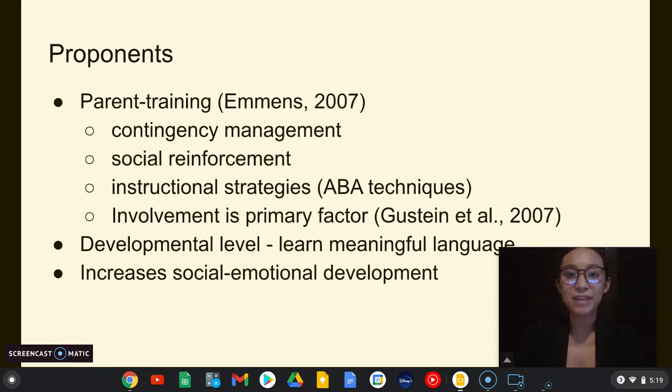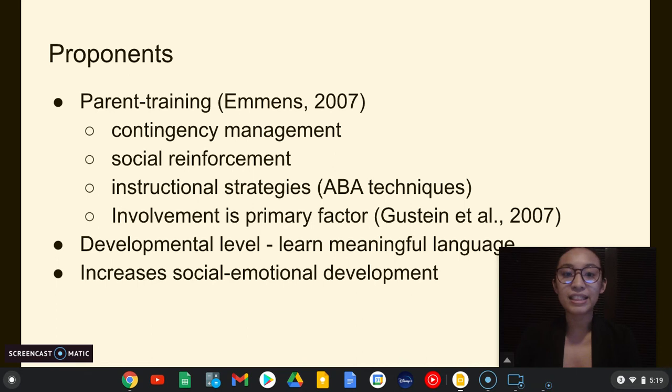It uses ABA techniques that are evidence-based, such as teaching the parents contingency management, social reinforcement, and other instructional strategies. And again, according to Gustine, parental and caregiver involvement is the primary factor in determining the overall success of RDI for the individual.